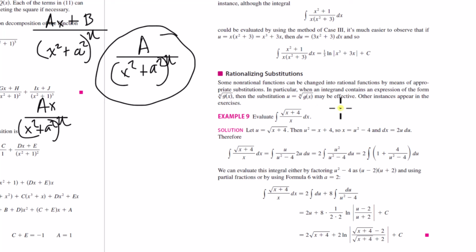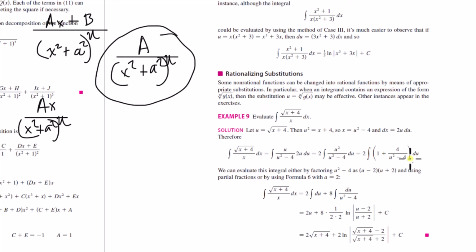So yeah, we'll take a look at these other instances, but there are certain instances with the integrand where you can make a substitution and it'll turn into a rational function. And here's one instance, and we're going to look at the other instances in the exercises, but they're saying if the integrand contains the nth root of some function, so like this.